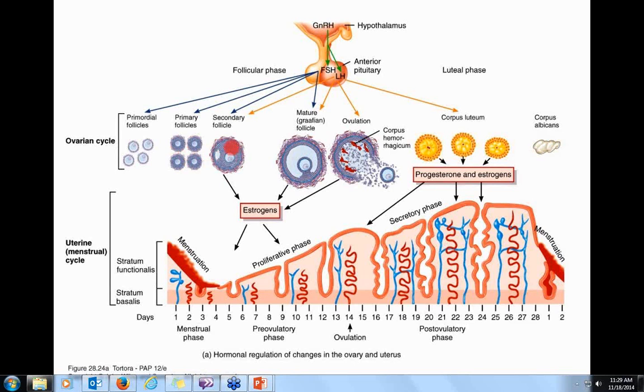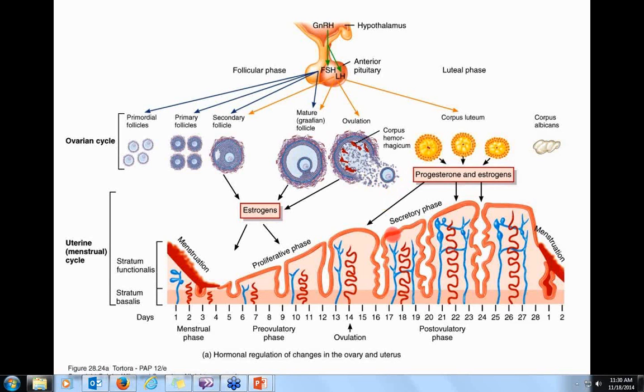As one becomes dominant in the ovary, we'll see the change in the uterine tissue, particularly the stratum functionalis in the lighter pink starts to thicken. Again, it's still growing, and then notice, going back to the ovary, ovulation occurs.